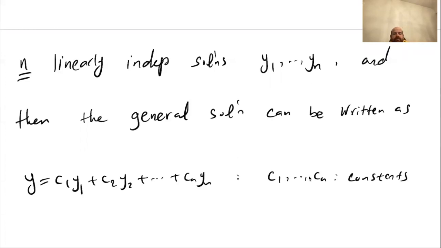So the recipe is very simple and similar to second order ODE. In second order ODE, we needed two linearly independent solutions, y1 and y2, and the general solution was c1y1 plus c2y2. Here we have an nth order differential equation, so we need n linearly independent solutions, y1 to yn, and then the general solution will be c1y1 plus c2y2 all the way to cnyn.